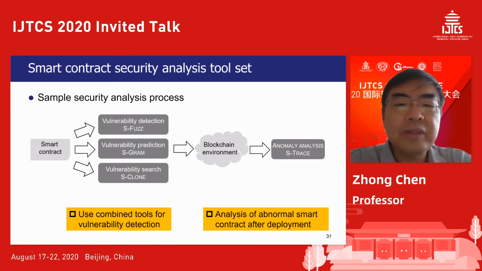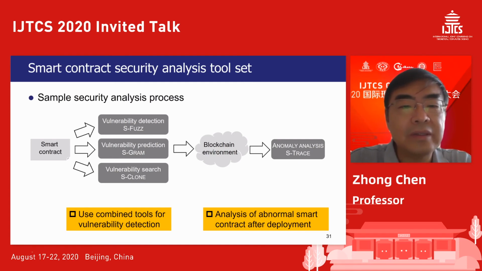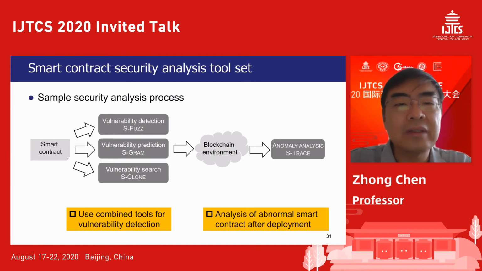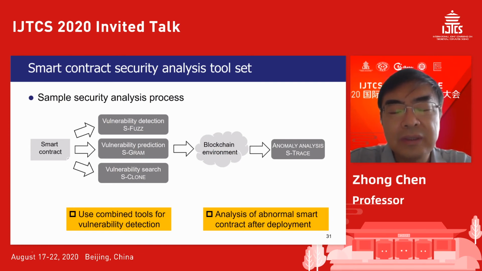Well, here shows the whole idea based on this smart contract security analysis tool set. We have the smart contract, and it goes through the processes of vulnerability detection, vulnerability prediction, and vulnerability search.